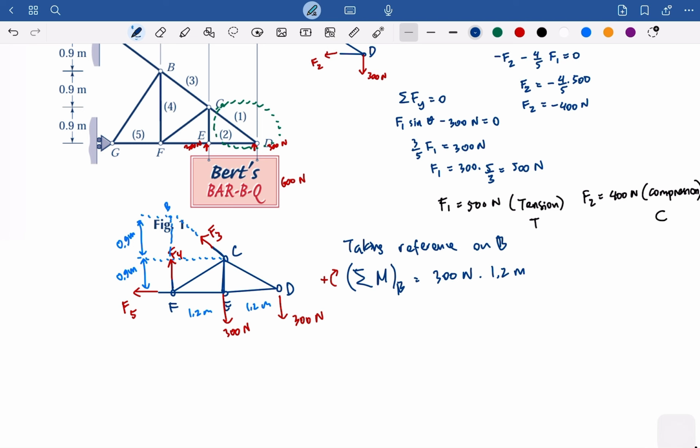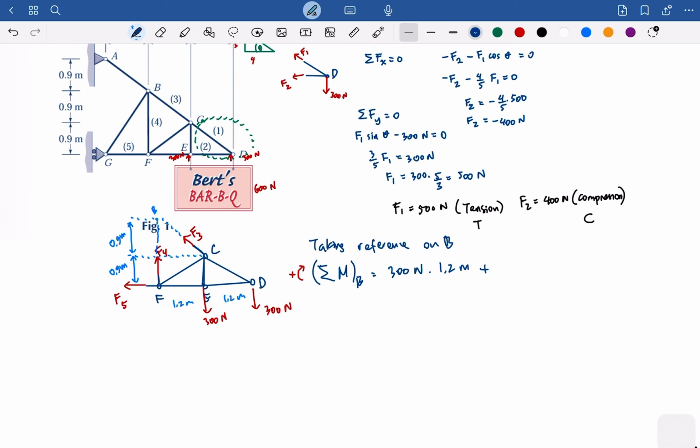It's still positive, so plus 300 Newton times 2.4 meter. And then lastly, F5, B is there, so you get this length, which is 1.8, and again it's still positive, F5 times 1.8 meter, and it is equal to 0.